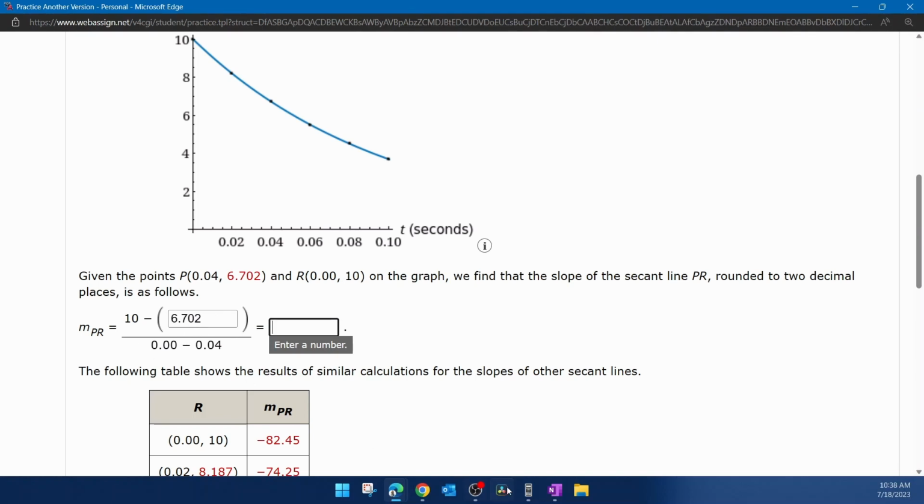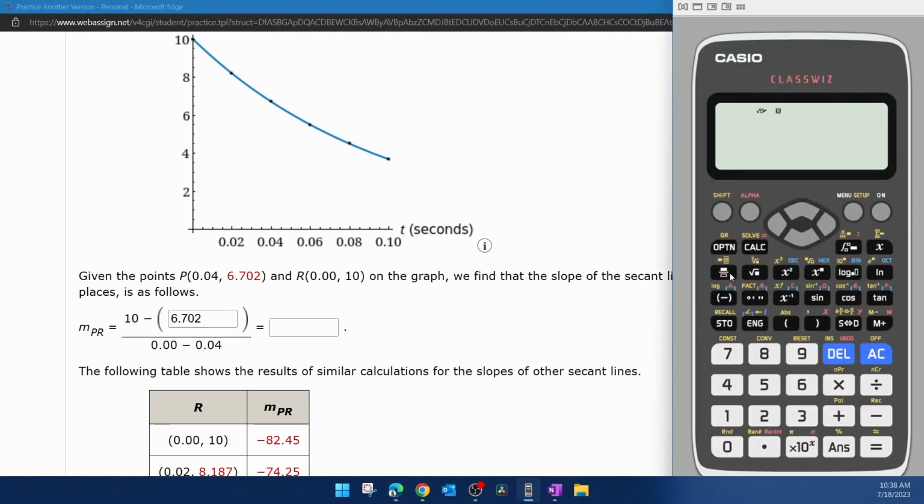And then I need to pull up my handy dandy calculator using the fraction button and calculate the slope. And so that'll be 10 minus 6.702 divided by 0 minus 0.04, which is negative 0.04.